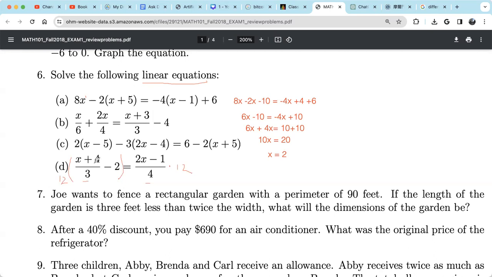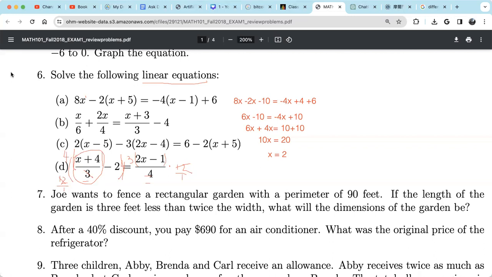So 12 multiplied by this fraction: 12 divided by 3 gives 4, so that becomes 4 times x plus 4. Then 2 times 12 becomes 24. 12 divided by 4 becomes 3, so this term becomes 3 times 2x minus 1.